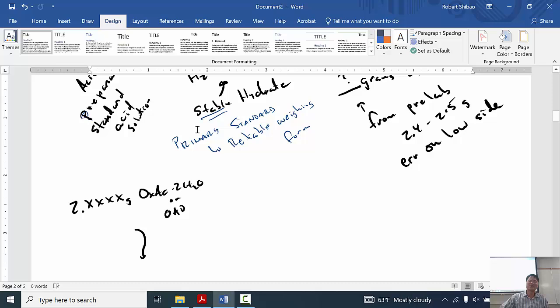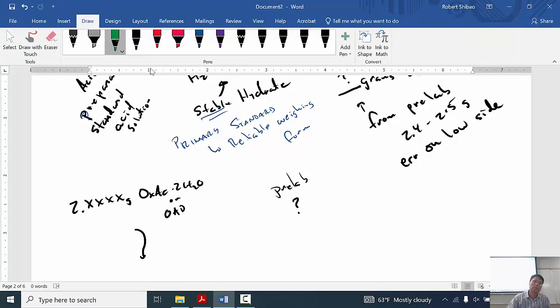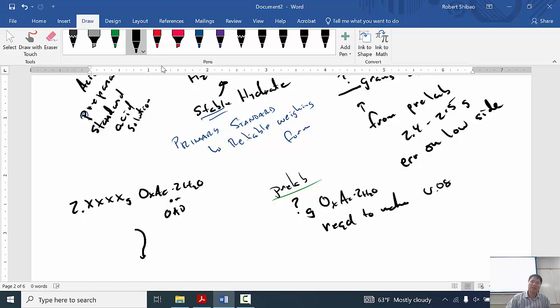And so this, let's just take a look at the pre-lab calculation. The pre-lab calculation was the number of grams of oxalic acid dihydrate required to make 0.08 molar, 250 milliliters, actually to make 200.